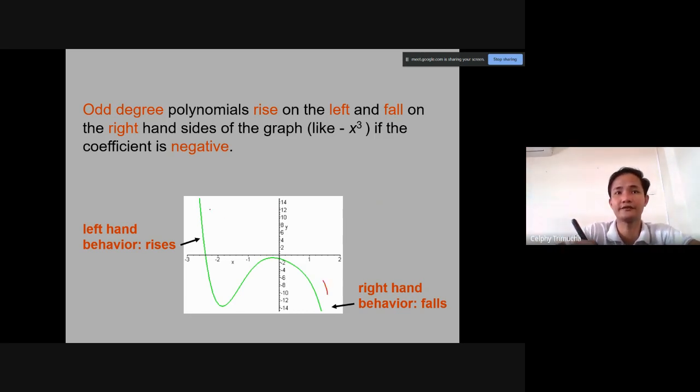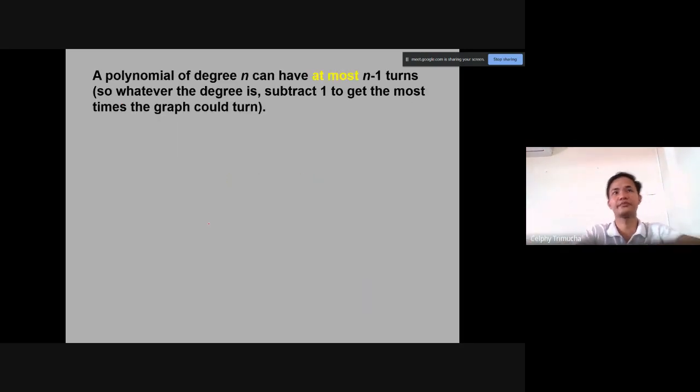Okay, so we have sa amo nga properties ang aton nga graph. So we have a polynomial of degree n can have at most n minus 1 turns. So whatever the degree is, what we have to do is subtract 1 to get the most times the graph could turn.